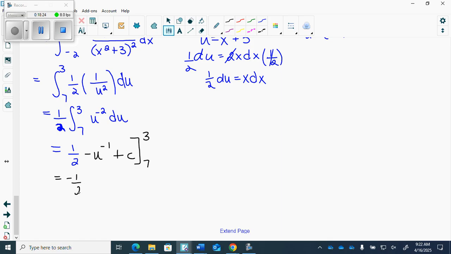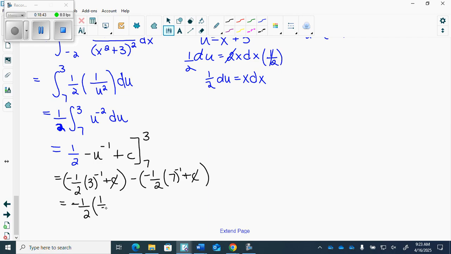So I get -1/2 3 to the -1 plus c minus -1/2 7 to the -1. What is something to the -1? Just 1 over. So I get -1/2 times 1 over 3 plus 1/2 times 1 over 7.